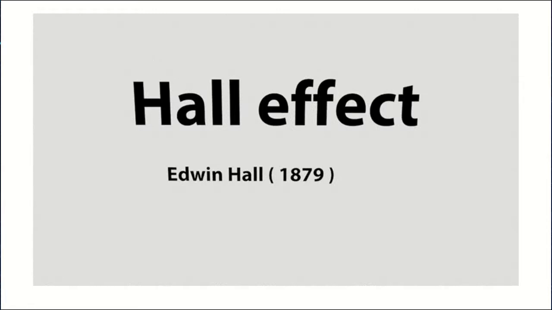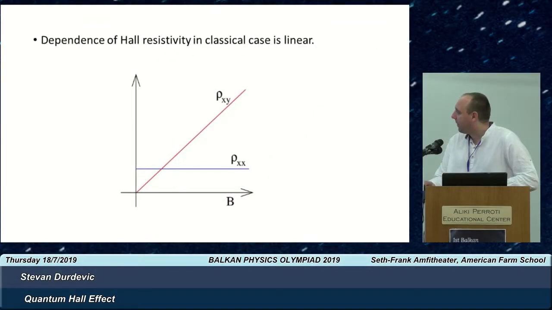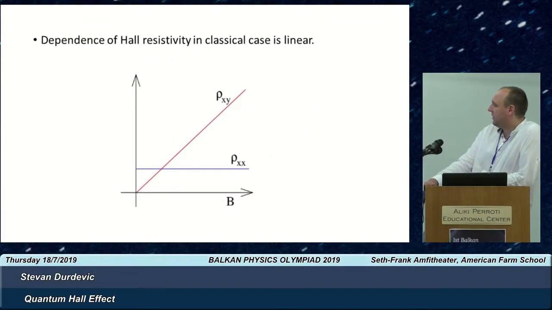Okay, it's the classical story about the Hall effect that I tell. The dependence of Hall resistivity on magnetic field in the classical case is linear. This is the usual resistivity, and this is the Hall resistivity.